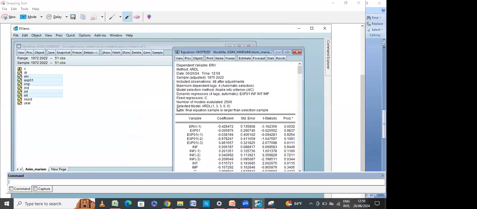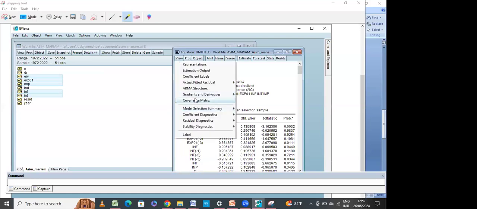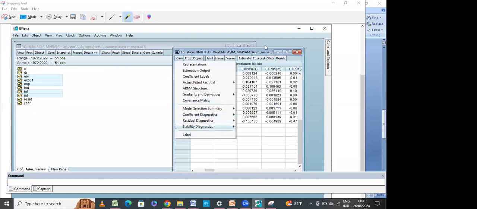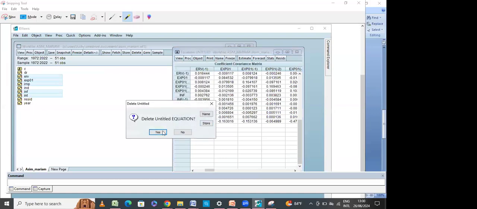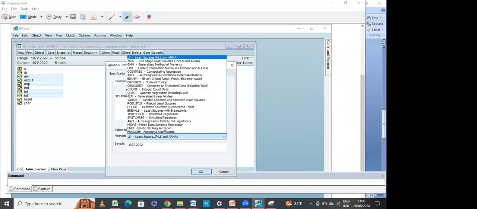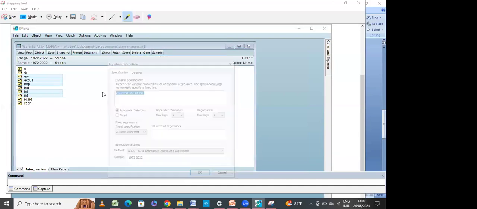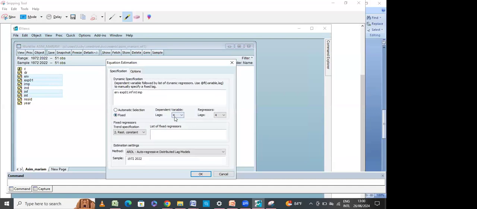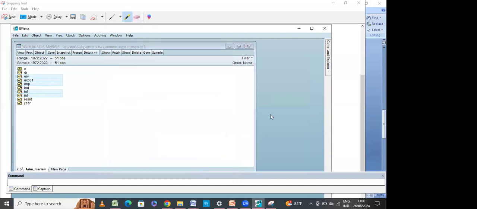You can see here that ARDL is calculating at lags which are less than 4. But I can also tell EViews to select automatic lags or fixed lag. Let me go for the fixed. I just click on fixed.